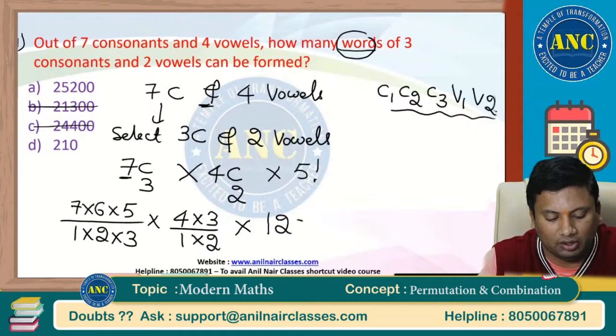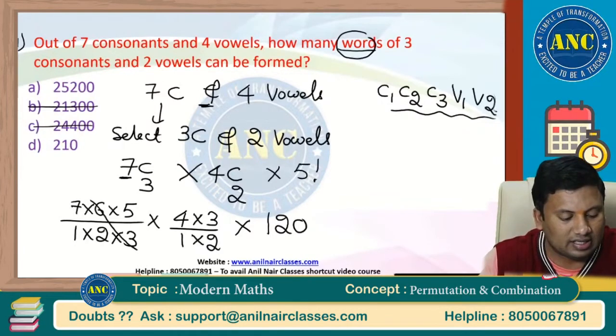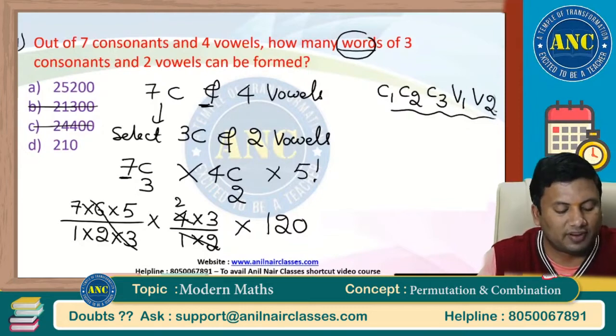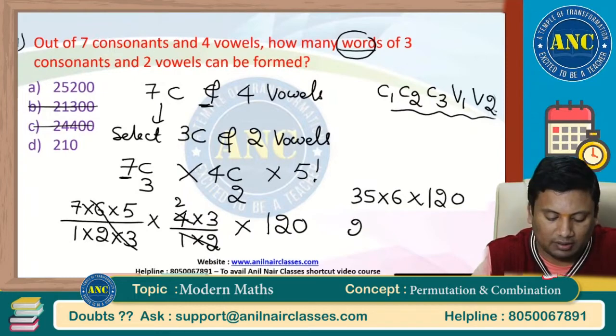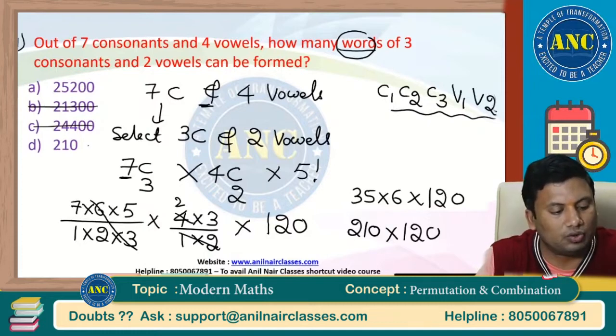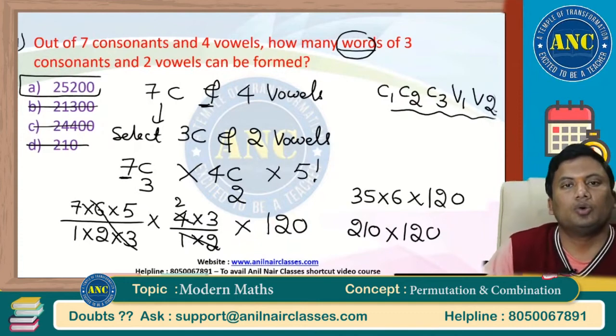Into 5 factorial, which is 120. 6 and 6 are cancelled. 2 ones are 2, 2 twos are 4. 7 fives are 35. 35 into 6 into 120. So this is nothing but 210 into 120. The answer is greater than 210, so that option is eliminated. The answer is 25200.